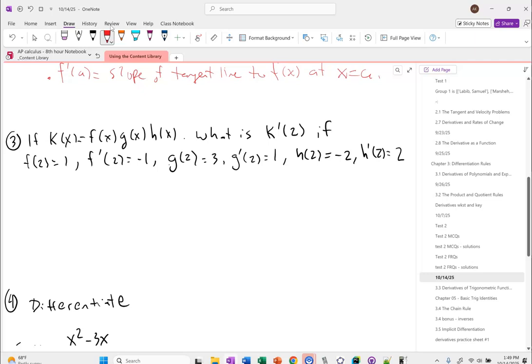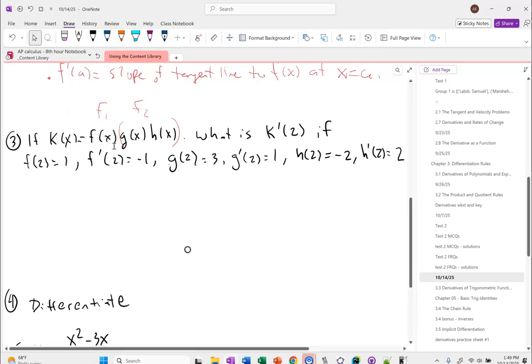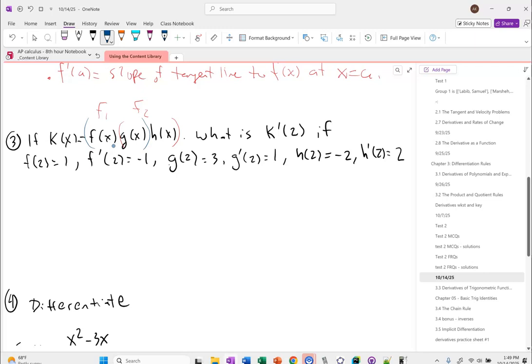So, 2 different ways to approach this. When we have 3 things, I'm going to think about either one function and then a second function, or you could think about the first 2 as one function and the last one as a second. I'm going to think about it this way.